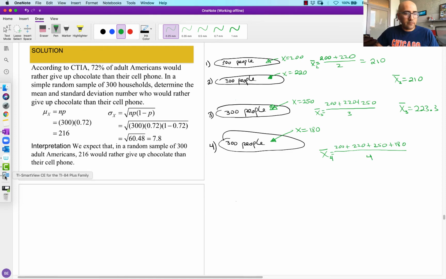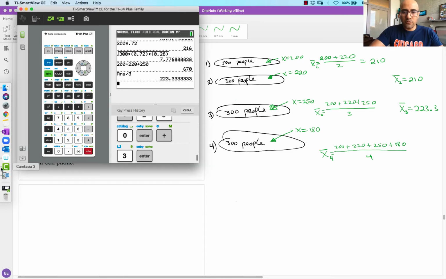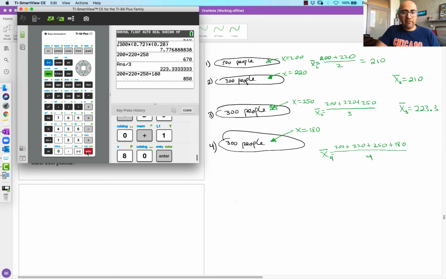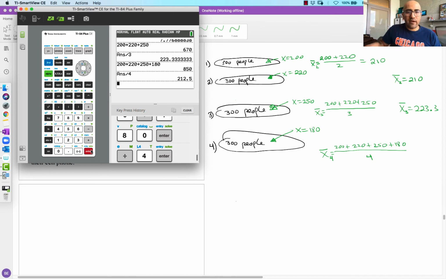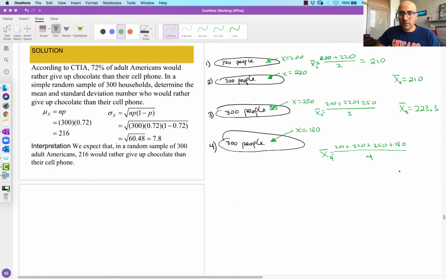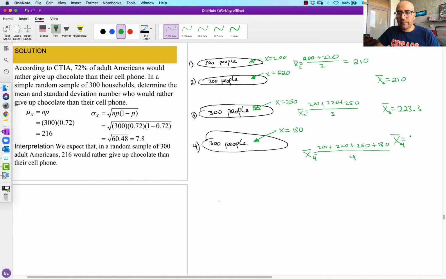So let's use our calculator. That's 200 plus 220 plus 250 plus 180. That gives us an answer of 850, and then we divide that by 4 to give us about 212.5. So with four groups, we get 212.5.